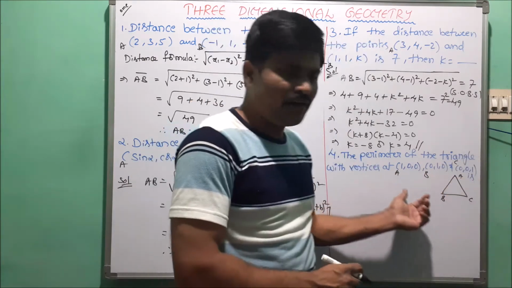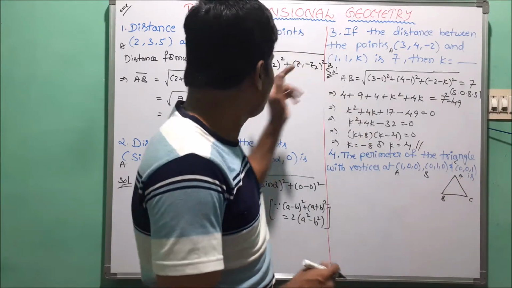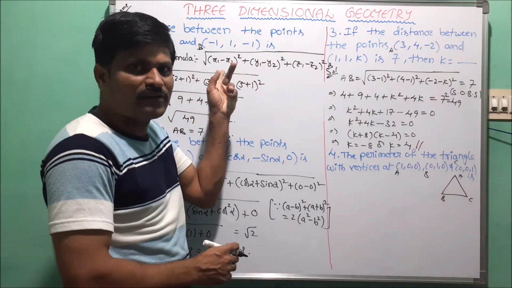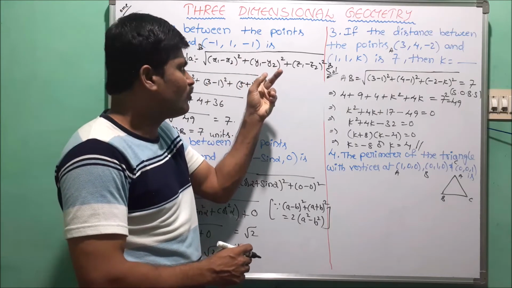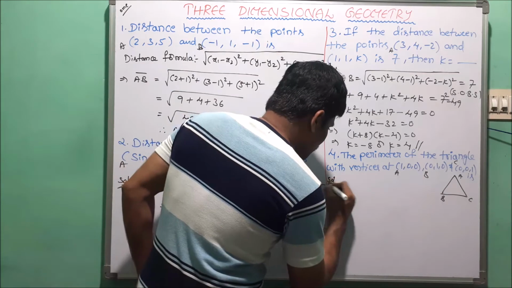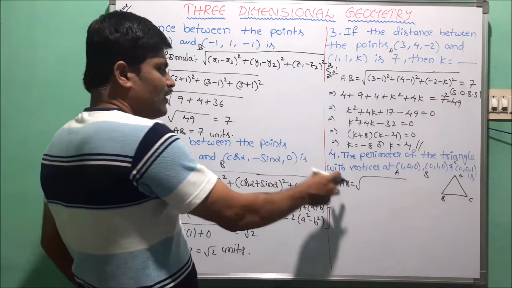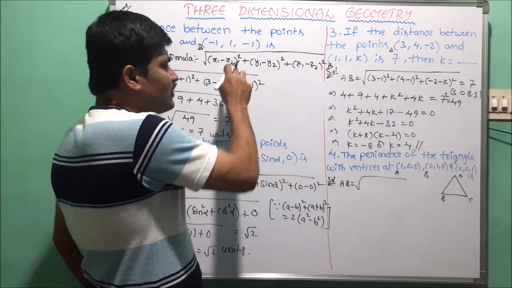Now first we find the distance between AB, BC and CA using the same formula: square root of (x1 minus x2) whole square plus (y1 minus y2) whole square plus (z1 minus z2) whole square. First we take AB; we directly substitute the values in that formula.